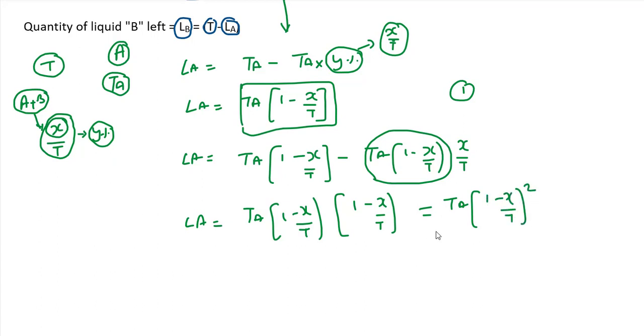Now if you notice the trend, when this operation was performed once, the power of this bracket was 1. When this operation is performed twice, the power of this bracket is square. So if this operation is performed n times, the quantity of liquid A left in the container will be given by initial quantity into 1 minus the quantity that you are removing, X by T, the whole raised to n.